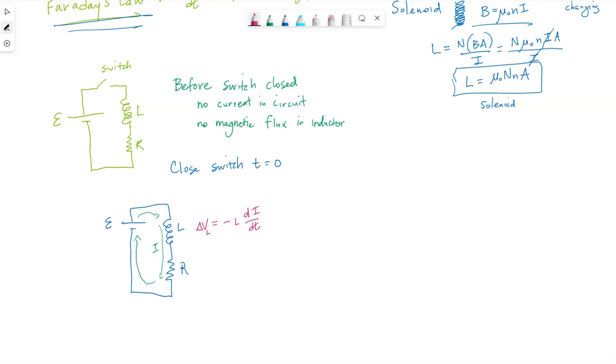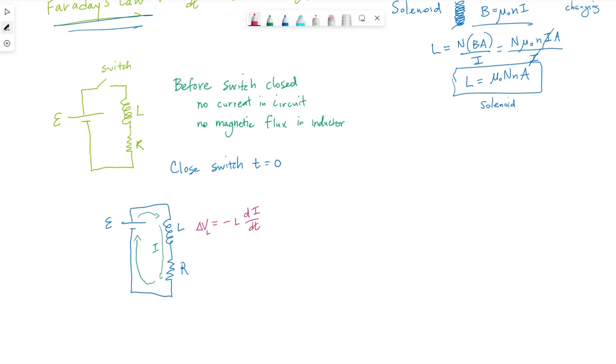It had zero current, and now suddenly the current is not zero anymore. Or at least the battery is trying to push current through the circuit. So the negative sign in this potential equation, this delta V for the inductor, is our Lenz's law. It's talking about the opposition to the change in flux.